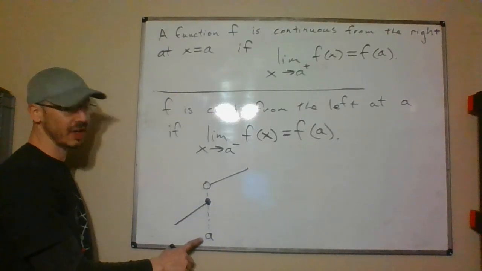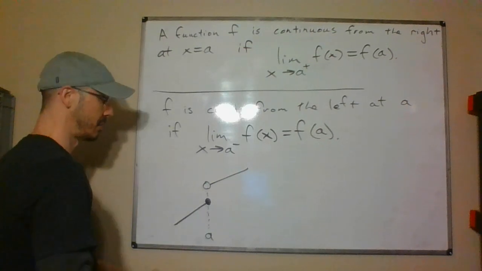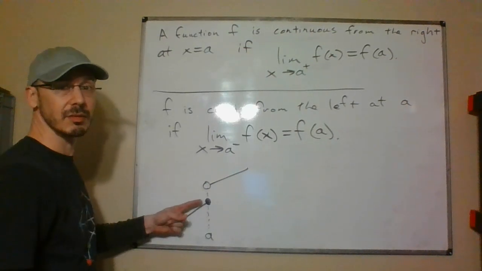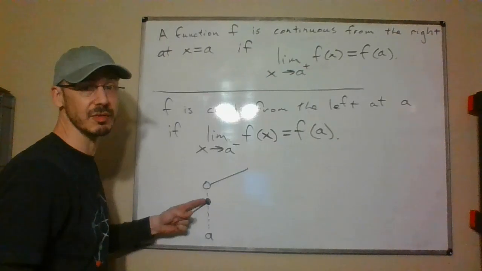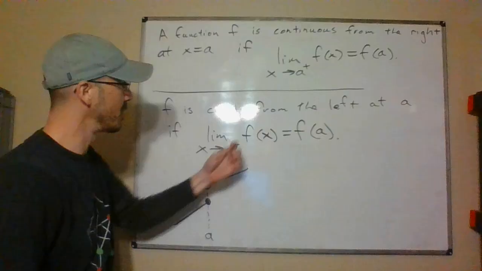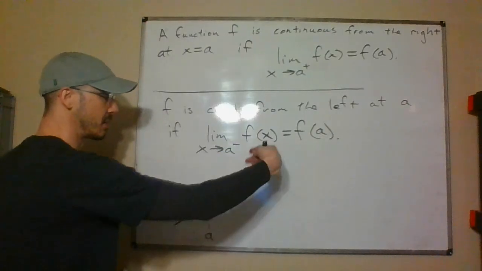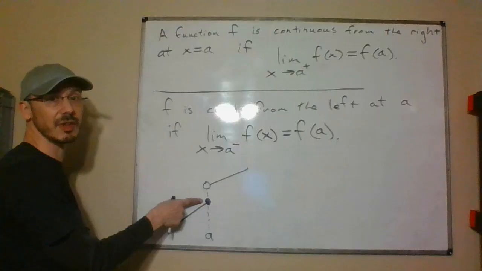But for this x value of a, as I come in from the left, the function has a limiting value that's equal to the function value. And as I come from the right, it has a limit, but it's not equal to the function value. The function value is down here.